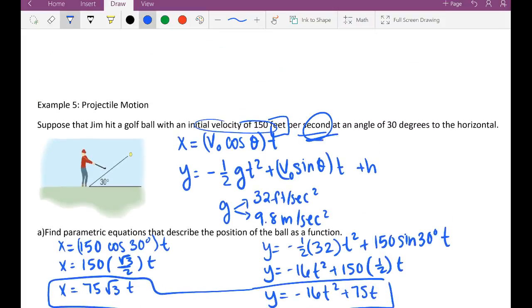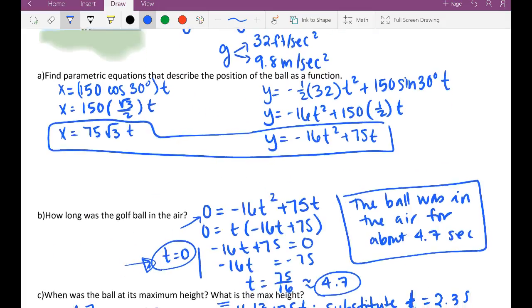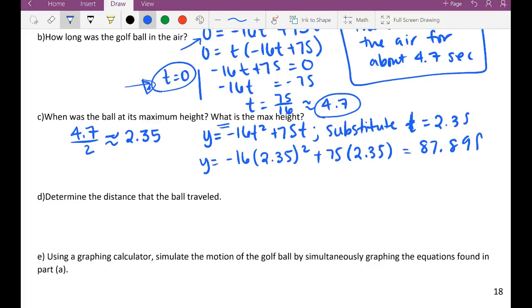The unit of time was seconds, and we are in feet. So this is in feet, and this is time, in seconds. So let's write our answer. The maximum height is, because it says what is, right? The maximum height is 87.89 feet.